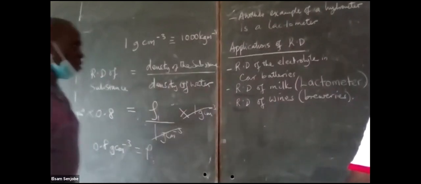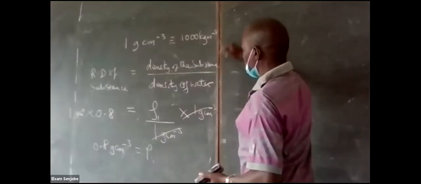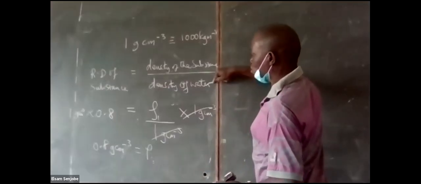So that's different from my question. What is your question? I'm saying without a hydrometer, can you find the relative density just by dividing the density of the substance by the density of water? Yes, you can, if you know the formula. This is the density of a substance divided by the density of water.